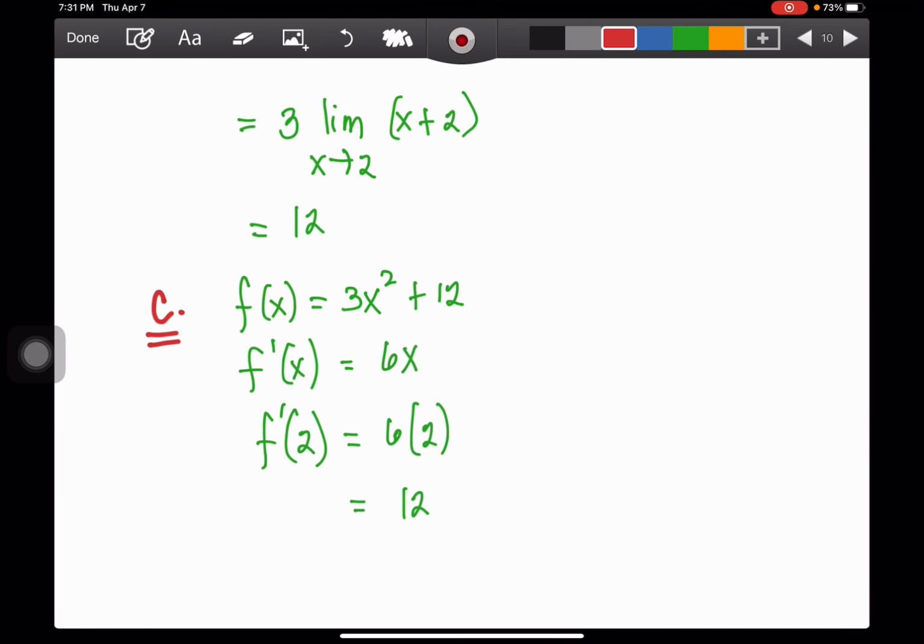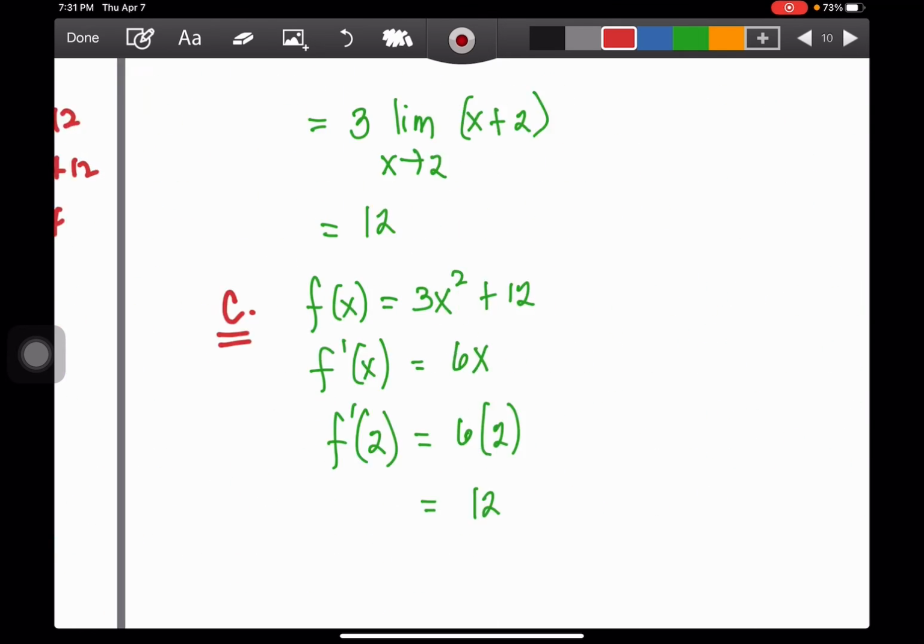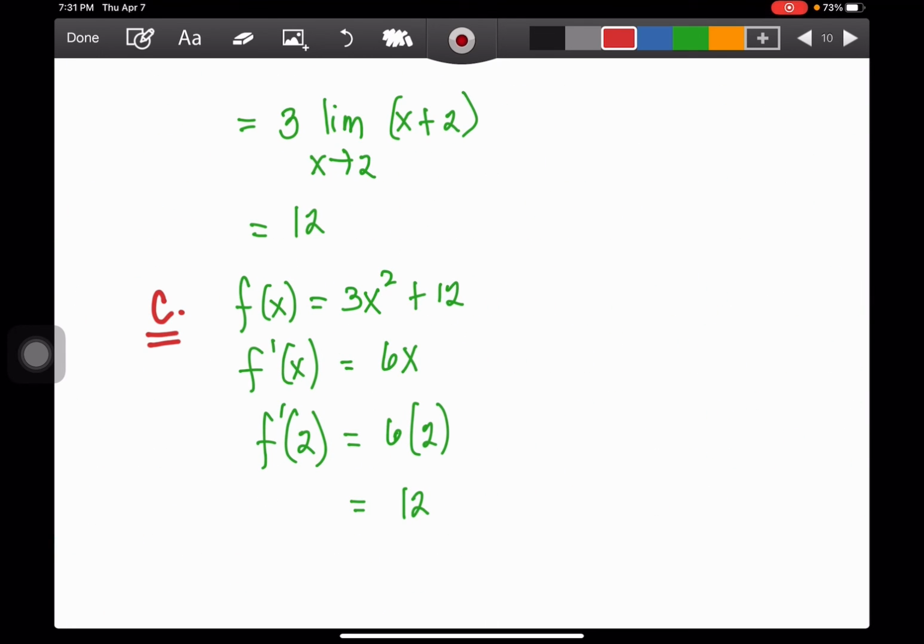So the leftover is actually 3 times x plus 2. Now we can put this outside. So we have 3 of the limit of x plus 2 as x approaches 2. So that's equal to 12 because 2 plus 2 is 4, multiplied by 3. That gives us 12.